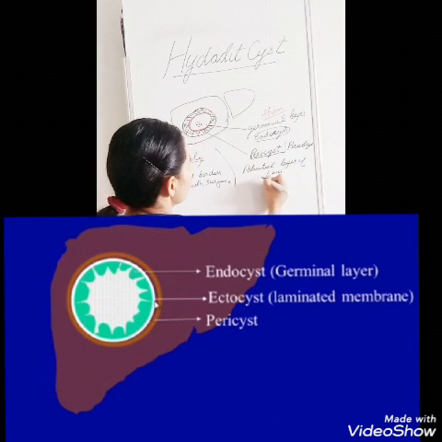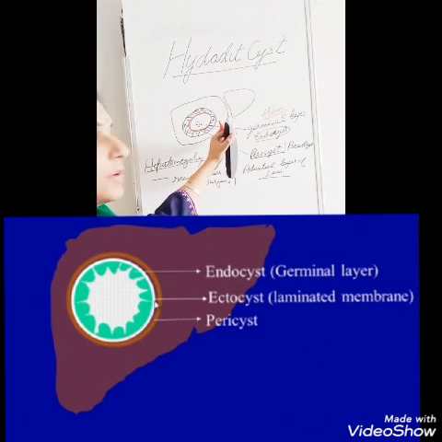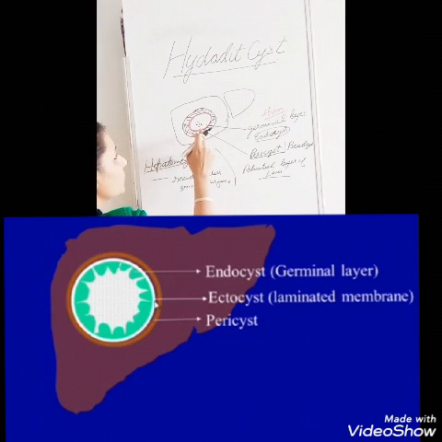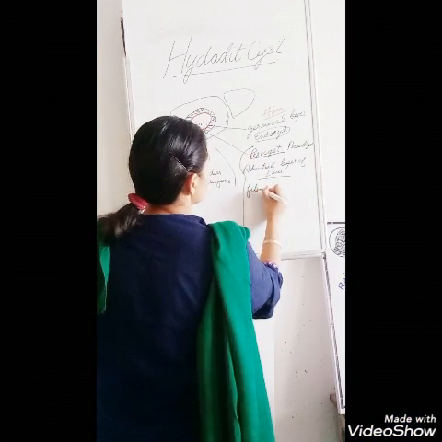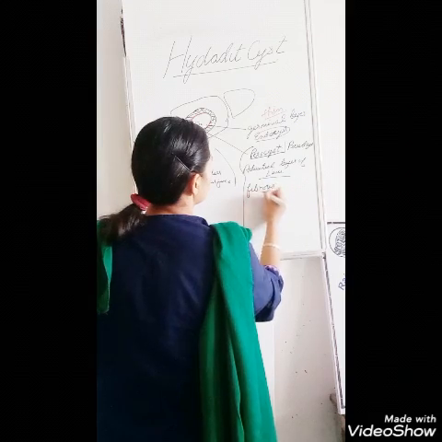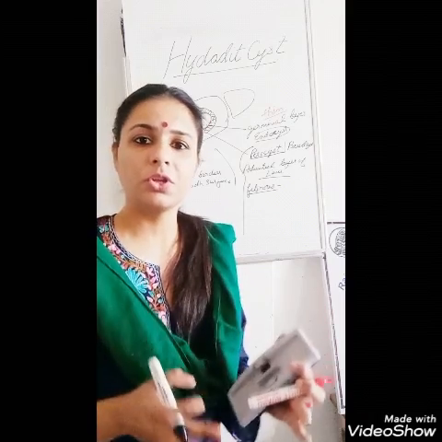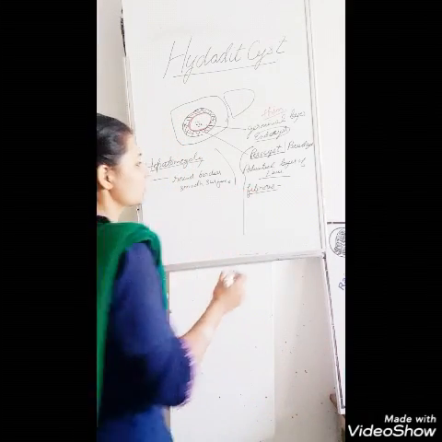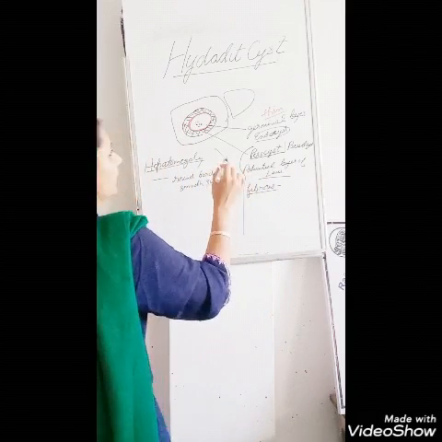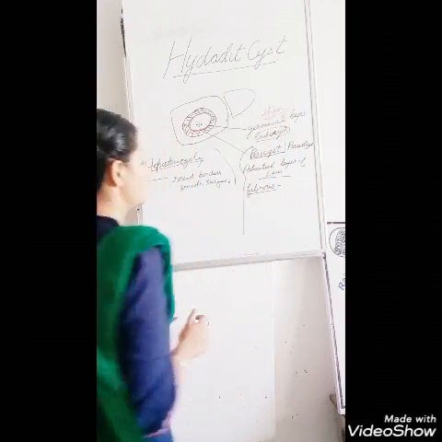This layer is formed by the liver in reaction to Echinococcus granulosus. It is a very thick, fibrous layer, composed of eosinophils, mononuclear cells, giant cells and fibroblasts.